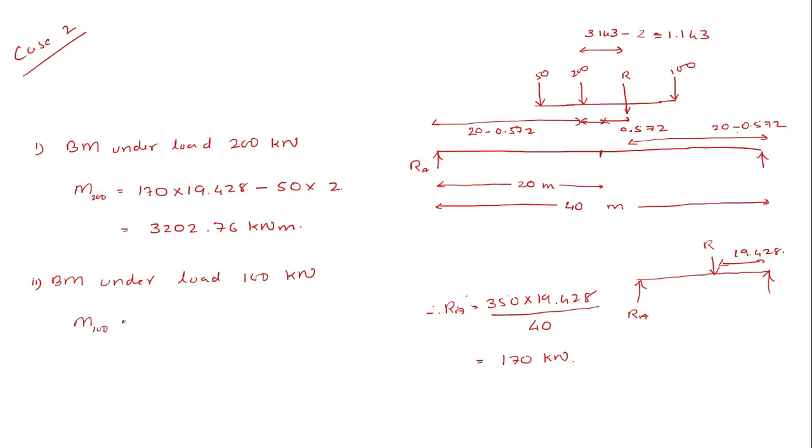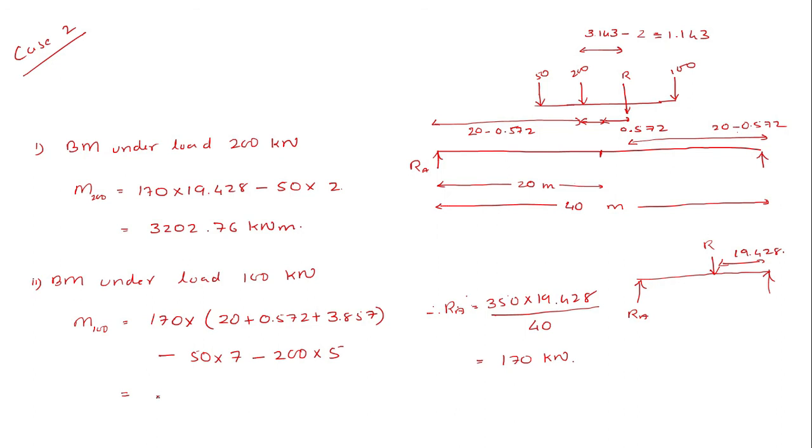Similarly, I can find under the 100 kilonewton load. So M100 as such will be equal to 170 multiplied by this distance 20 plus 0.572 plus this distance, that is 3.857, minus 50 into 7 minus 200 into 5.